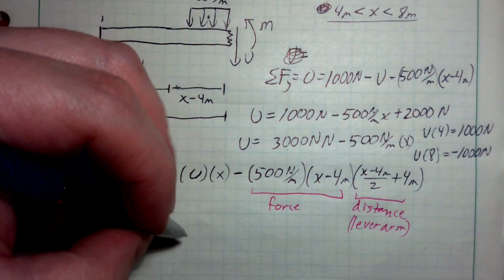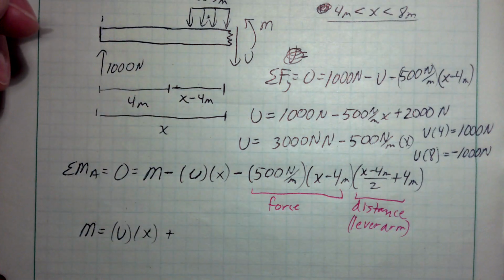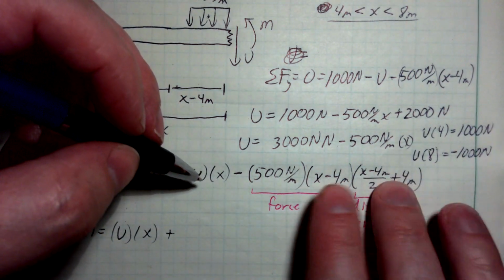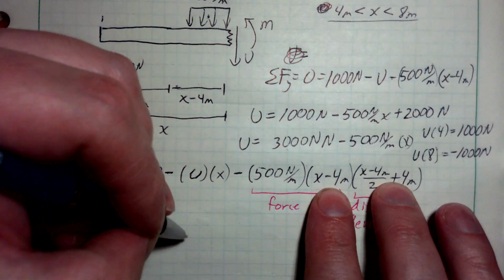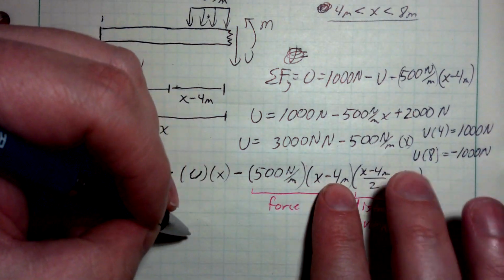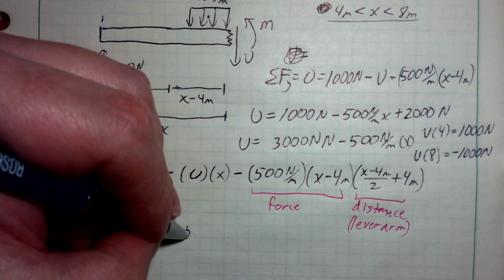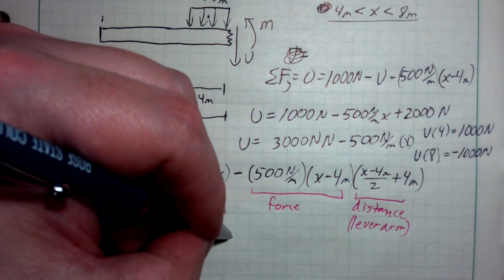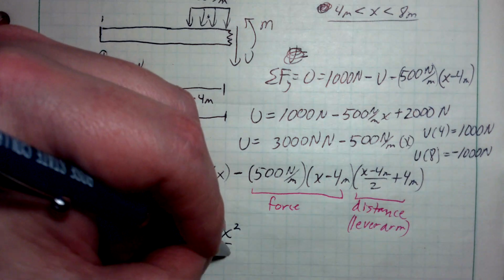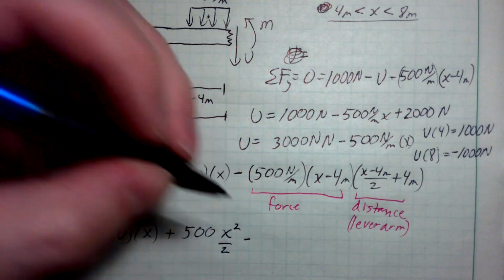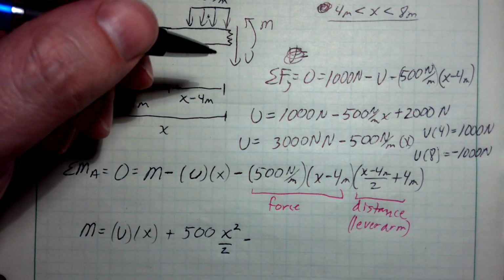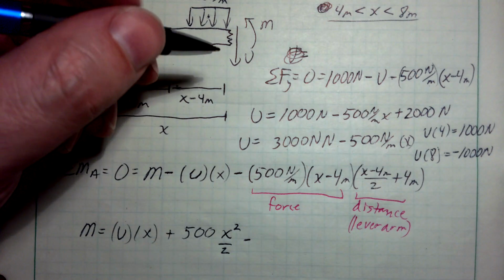Again, pause and go back through that if that doesn't make sense. So I've added this term over here. I've found this term already. So it's 500 times the result of this term. So it's 500 times x squared over 2, and then minus 500 times 8 meters squared. It's 500 newtons.